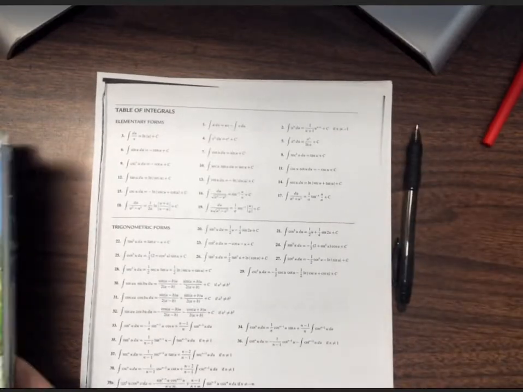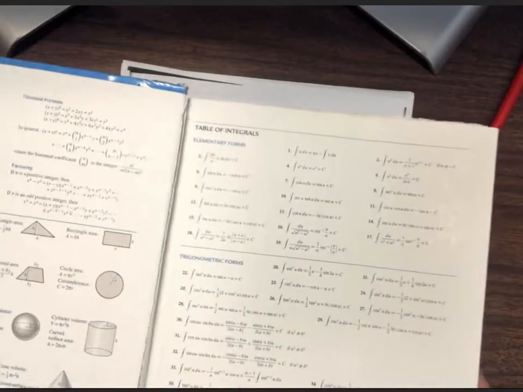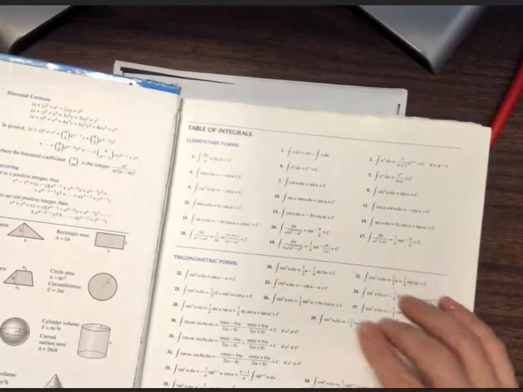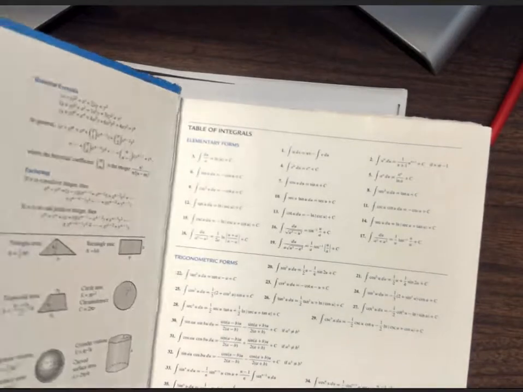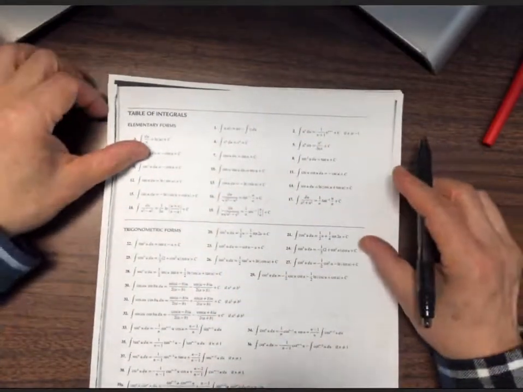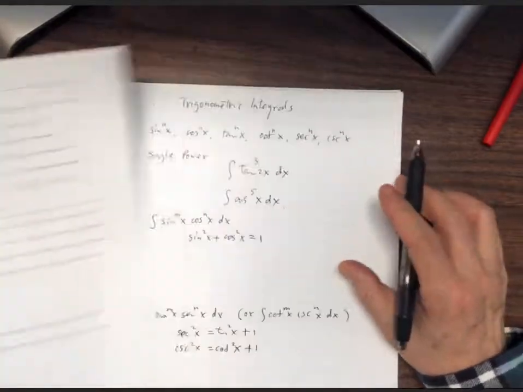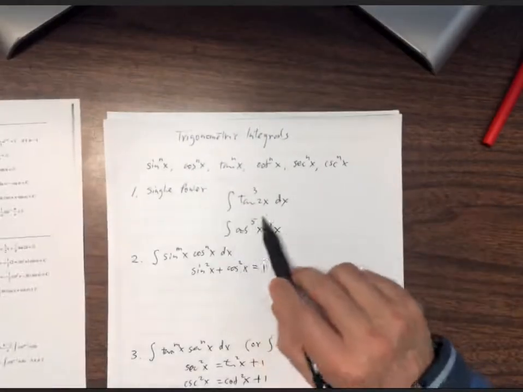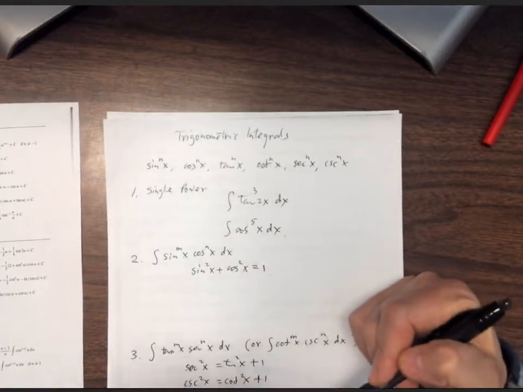In the 7th edition, it's the page opposite the inside cover. But in any calculus book, you're going to find this table. Anyway, so for single powers, we basically use a formula.